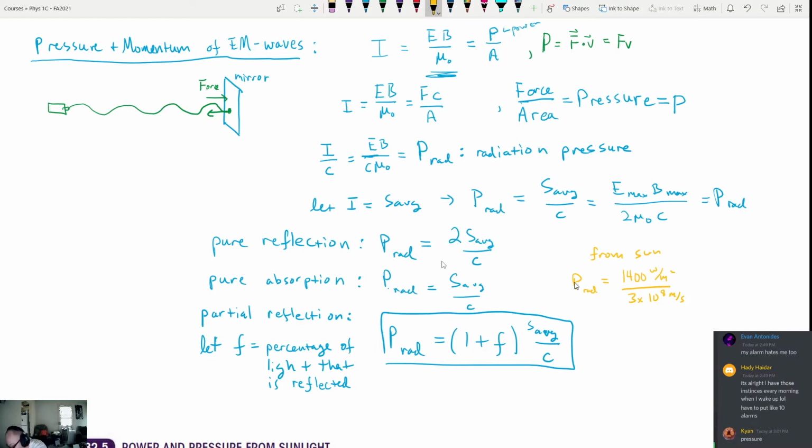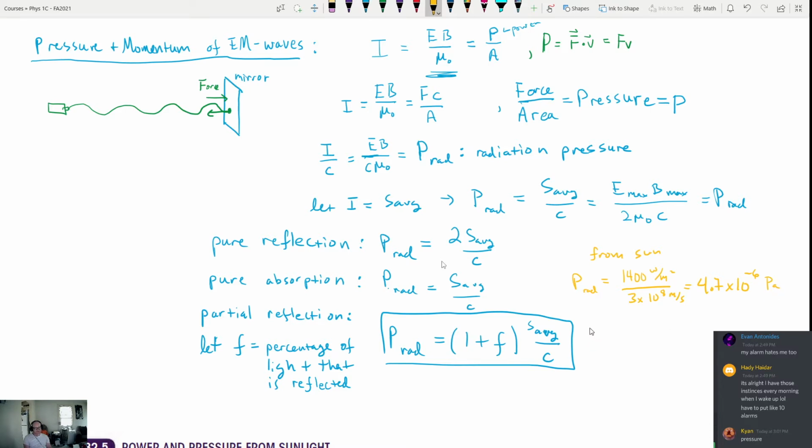Yeah, really tiny amount of pressure. 4.7 times 10 to the minus sixth, and the units for this are pascals or newtons per meter squared.